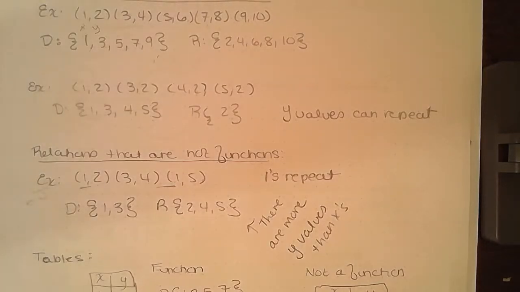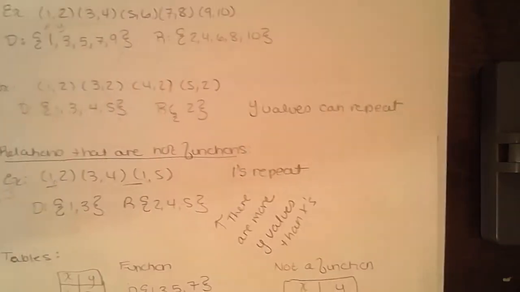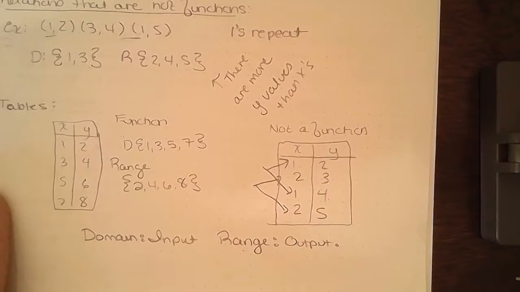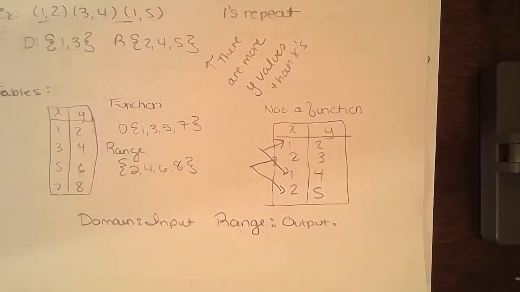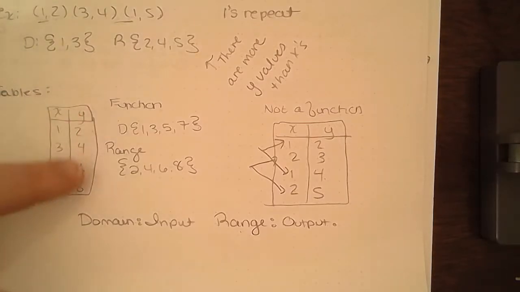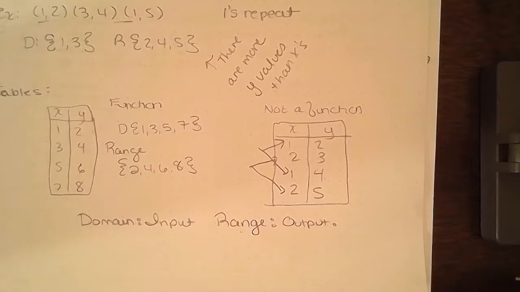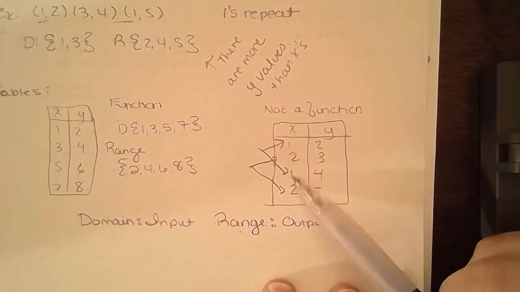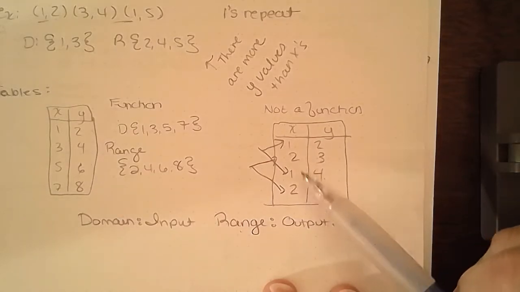All right. Now, a lot of times we write down relations and functions through a table. I give you an example of one that is a function and one that is not a function. It's just a different way of writing x and y values. But what's kind of nice is when you put it in a table, the domain is on one side and your range is on the other. Here, if you notice, this one's not a function because my domain repeats here and here, okay?